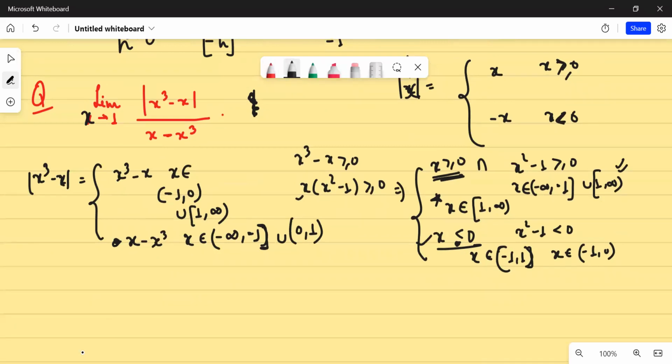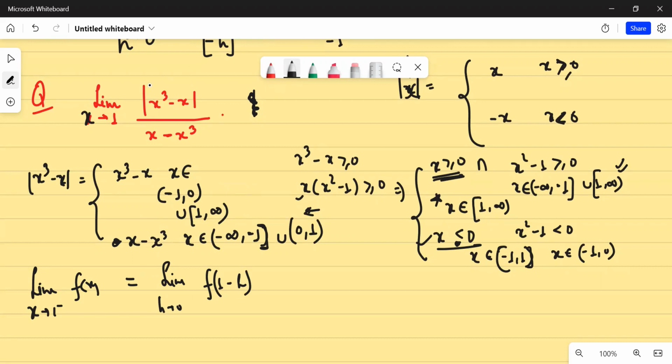Now, if you evaluate this left hand limit, what will it be? So let us first evaluate the left hand limit. So 1 minus f of x, and f of x is this. So what does it imply? It implies limit h tends to 0 of f of 1 minus h. And whenever I'm referring to 1 minus h, I'm referring to a point to the left of 1.